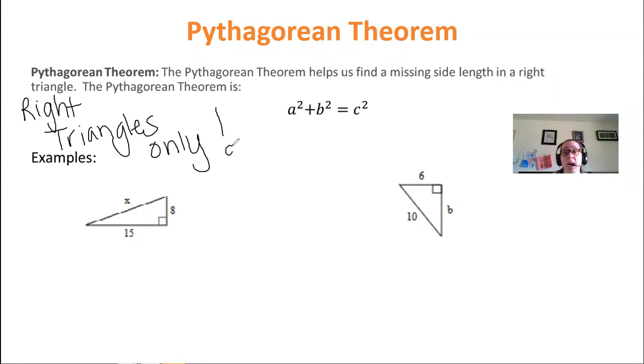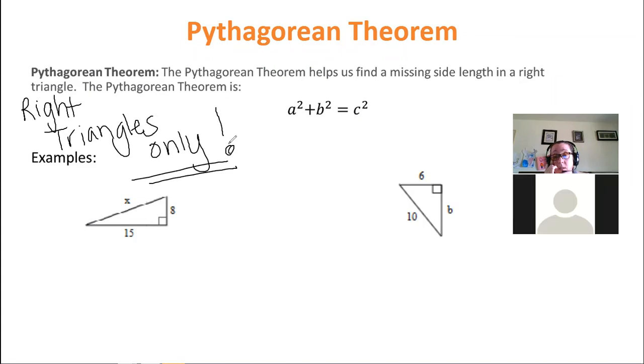Guys, what's a right triangle? Good. A triangle that has a 90-degree angle. Oh my gosh, that was awesome. And you guys put it in chat at the same time. Great job, you guys. It's a triangle that has one 90-degree angle. So the Pythagorean theorem, you can only use with right triangles. It does not work with other triangles.